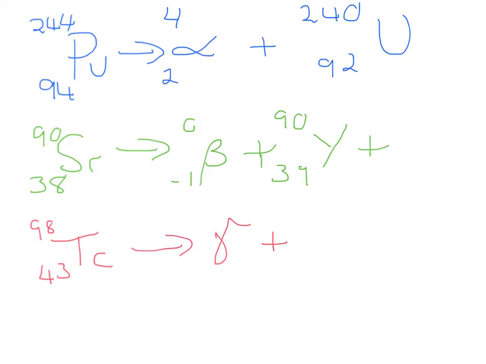New thing now, in addition to your GCSE knowledge, that also emits an electron antineutrino. Don't forget that, it's important. The gamma one, dead easy, no changes at all in the actual physical structure of the nucleus. So technetium-98 emits a gamma wave, or gamma photon, and it is still technetium-98.